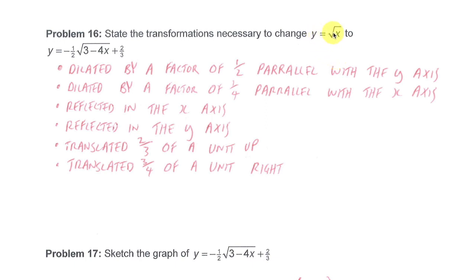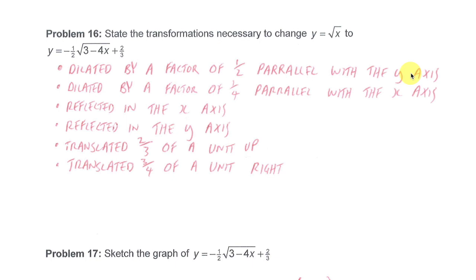Y equals the square root of x to become this. We're looking at the square root function, but we've got dilation factors affecting both the x and y. So firstly, the half, or negative a half. Dilated by a factor of a half, remember we ignore the sign, parallel with the y-axis.